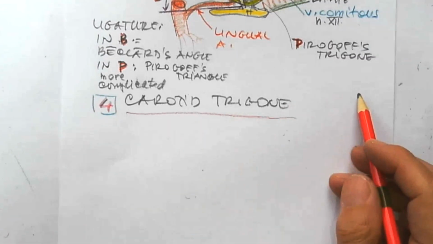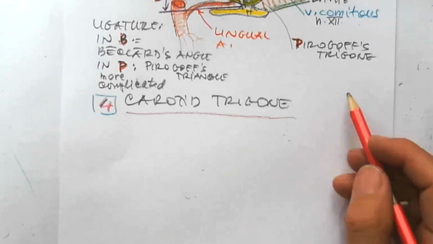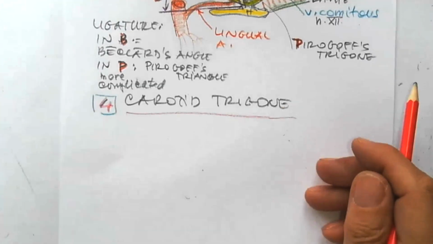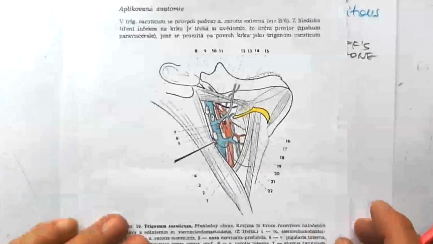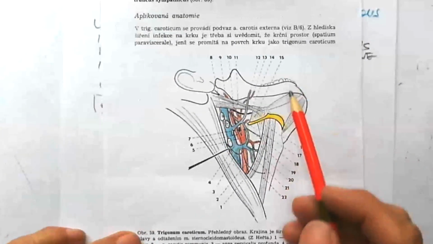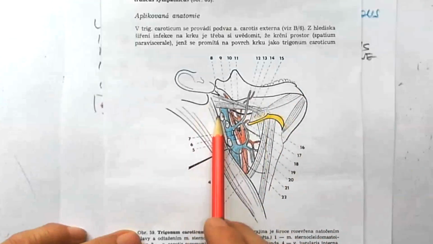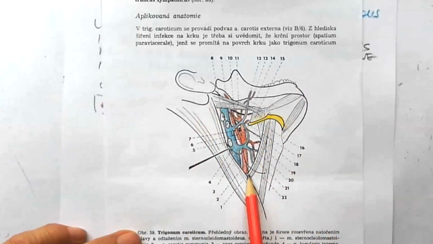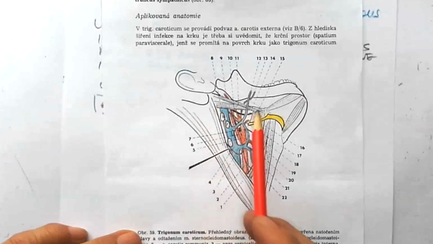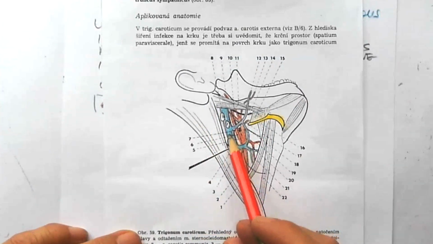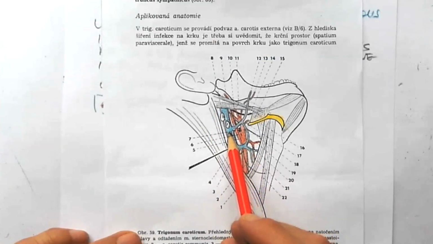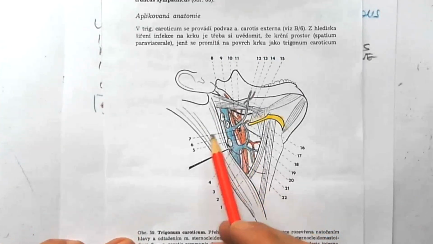The carotid trigon is bounded by, first of all, a simple drawing from one book for dentistry. We see the boundaries: sternocleidomastoid posteriorly, omohyoid anteriorly, and digastric superiorly. In key position is the internal jugular vein in blue, more lateral.